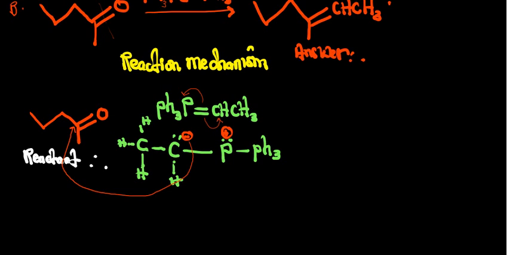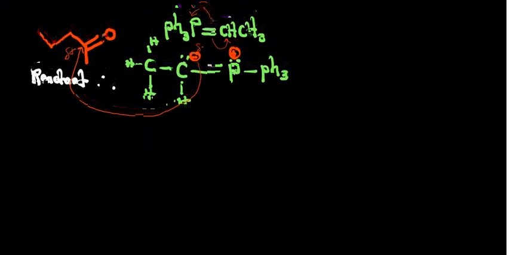So this carbonyl group is going to be attacked because this is partially negative and this is partially positive. So after attacking that, we're having this structure. So remember our initial structure that we have is this structure here.